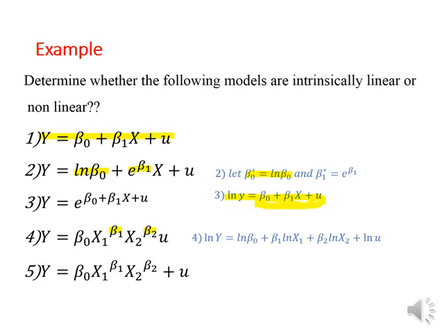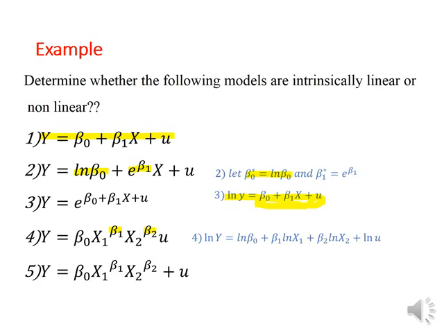If we take the ln transformation, it will be ln y equals ln beta naught plus beta 1 multiplied by ln x1, plus beta 2 multiplied by ln x2, as if I am having a new regression model: y star equals beta naught star plus beta 1 x1 star plus beta 2 x2 star plus the new error term. It is as if I am making certain transformations to the variables to transform it from nonlinear to linear. So this model is called an intrinsically linear model.